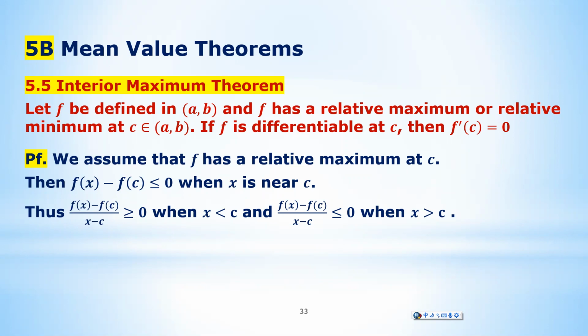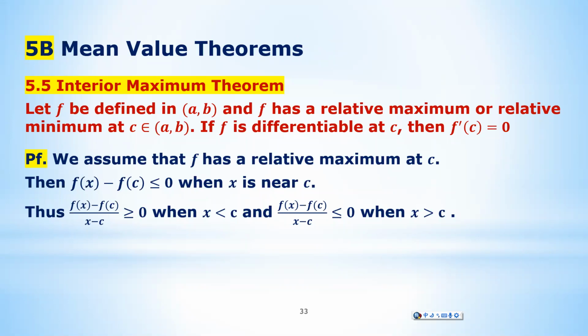The top value is non-positive, and the bottom value is negative because x is less than c. So the ratio becomes non-negative.